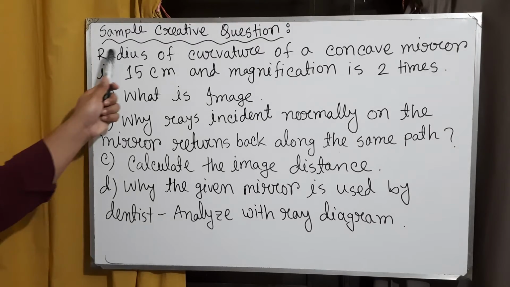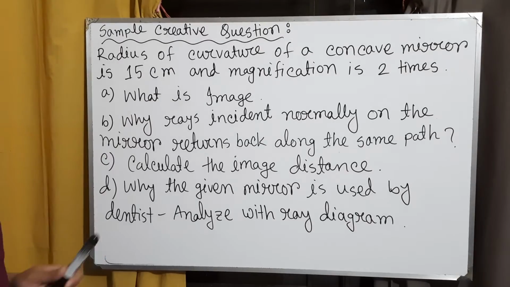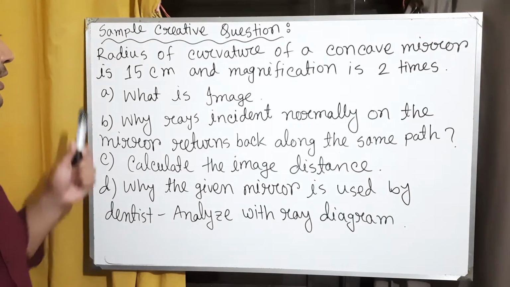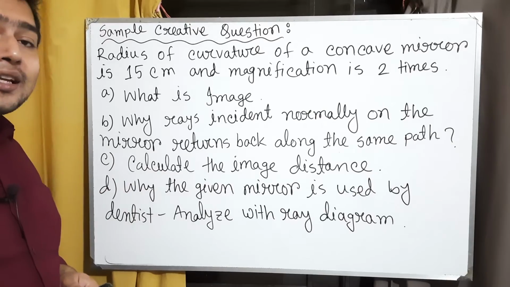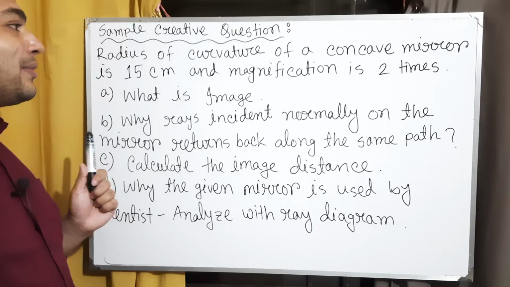Our sample creative question is: the radius of curvature of a concave mirror is 15 centimeter and magnification is 2 times. So I'm repeating it again.